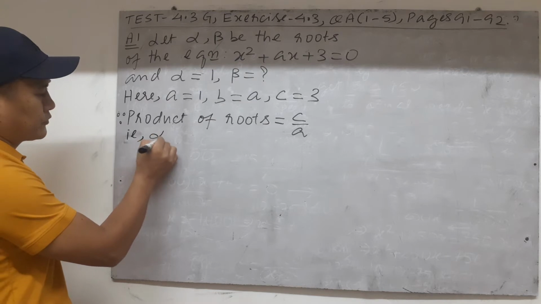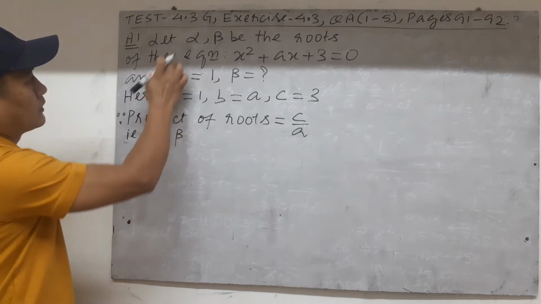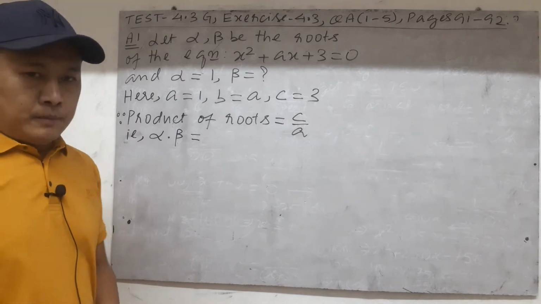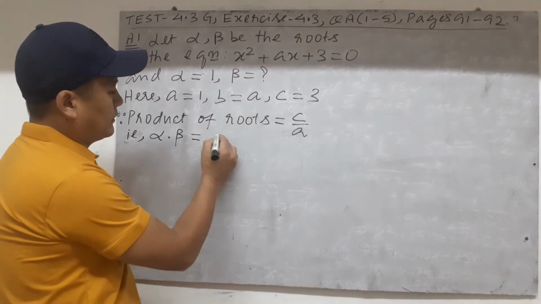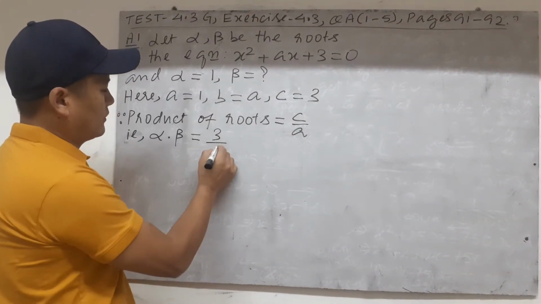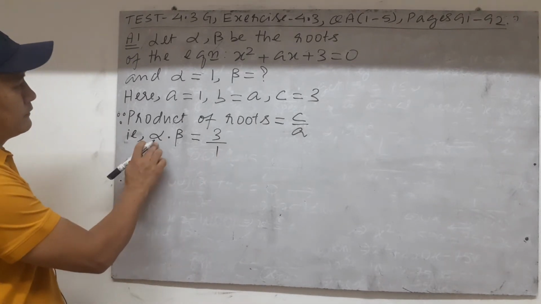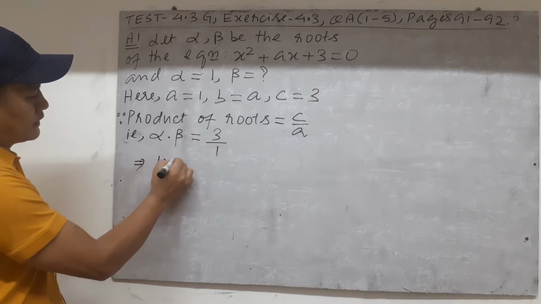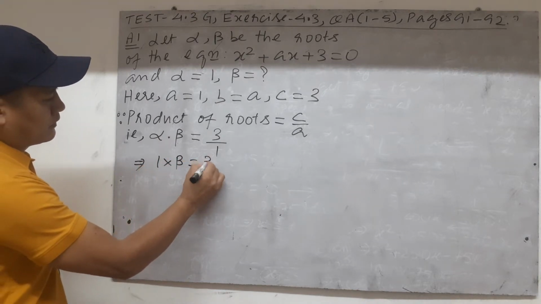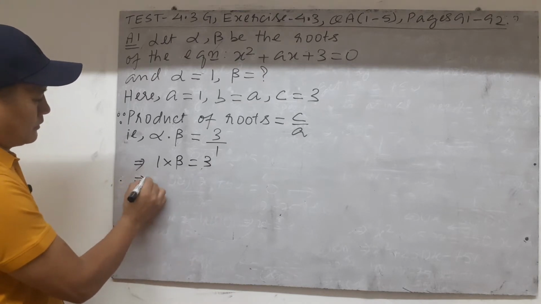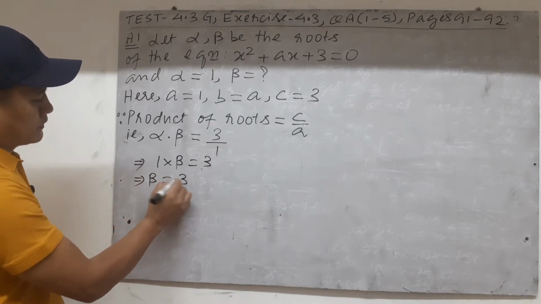Product of roots means first root multiplied by second root, because the word product means multiply, right? Then c is here 3 divided by a is 1. Now we know that alpha is given, so we can replace it by 1 into beta is equal to 3 by 1, means 3. So beta, the other root, is 3 divided by 1.